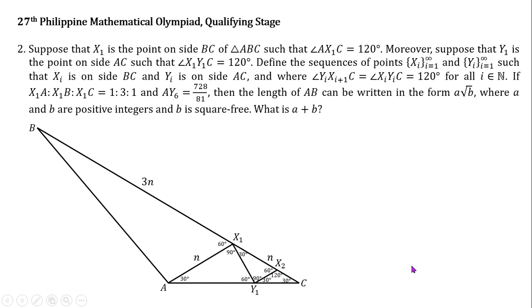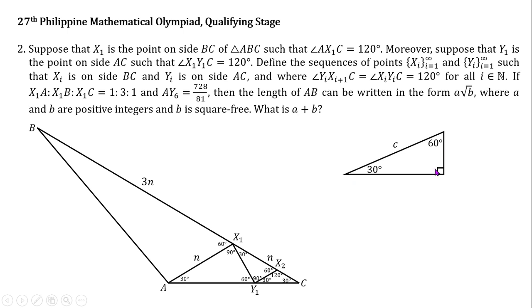Alright. Before proceeding to the next step, I'll first show one very important tool that we can use to finally solve this problem. If you can recall, there is a very important property of a 30-60-90 triangle. This is actually very common.